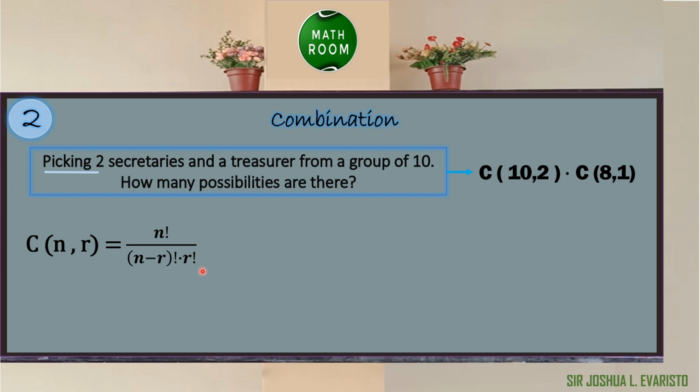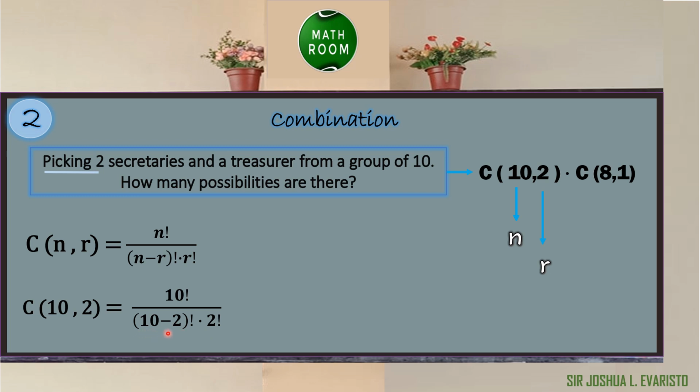Let us first solve combination of 10, 2. So n is equal to 10 and r is equal to 2. By substituting the given values, we have combination of 10, 2 is equal to 10 factorial over 10 minus 2 quantity factorial times 2 factorial.